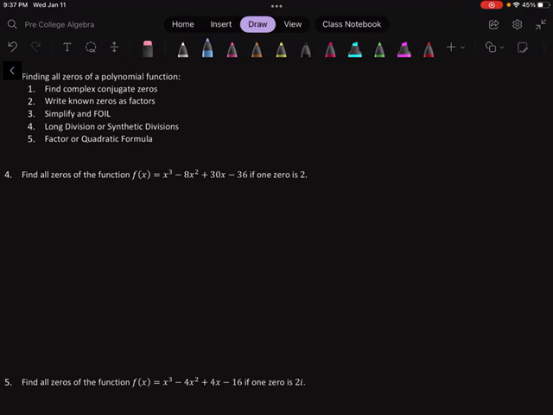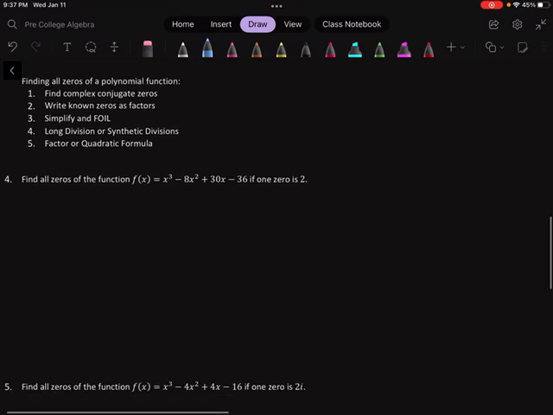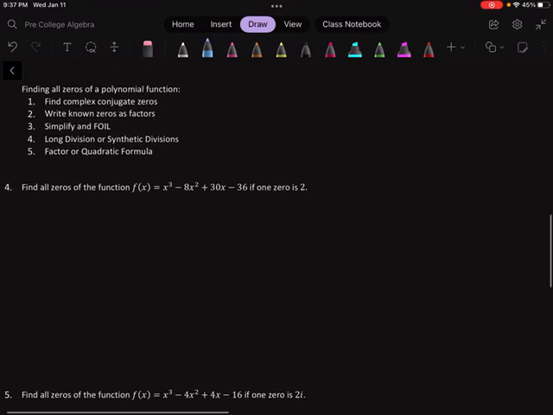So if we do go through this, we want to find all complex conjugates, write the known zeros as factors. This is basically just a rundown of what we just did. Simplify and FOIL.